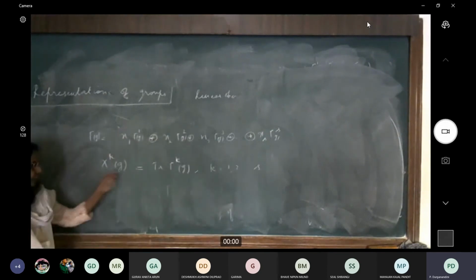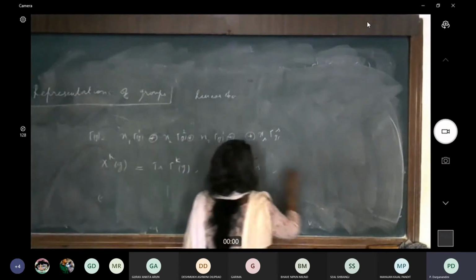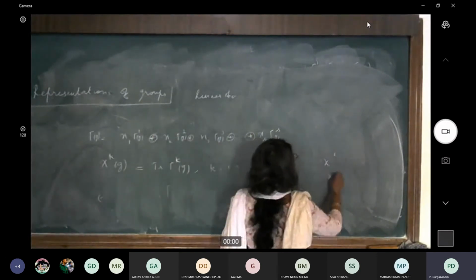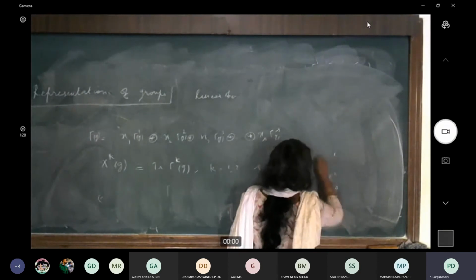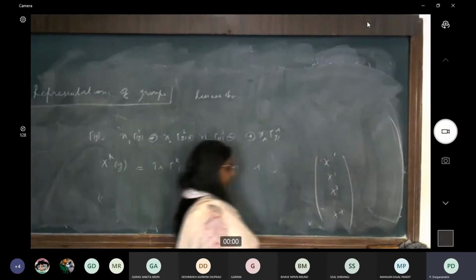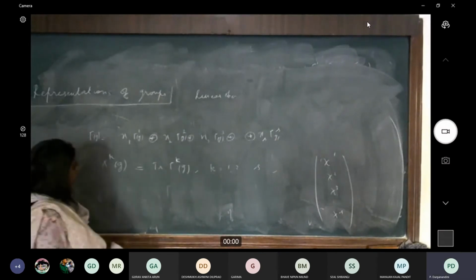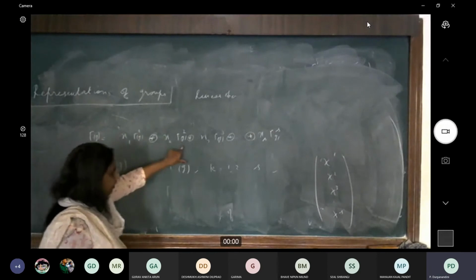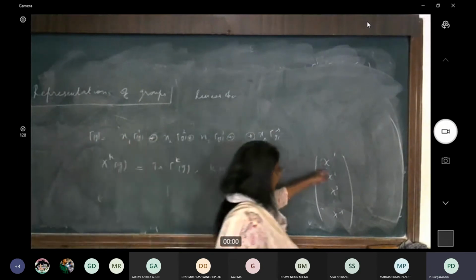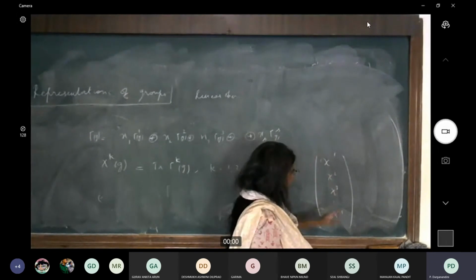So this will give me a set of scalar numbers, chi1, chi2, chi3, up to chi S. Think of this column as an S-dimensional vector. So given this block diagonal form, calculate the characters and think of each of these as a component of an S-dimensional vector.